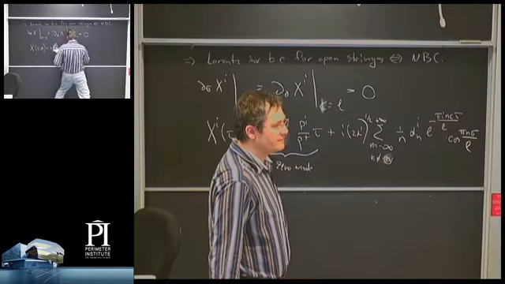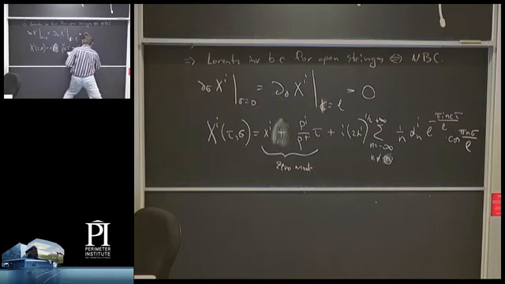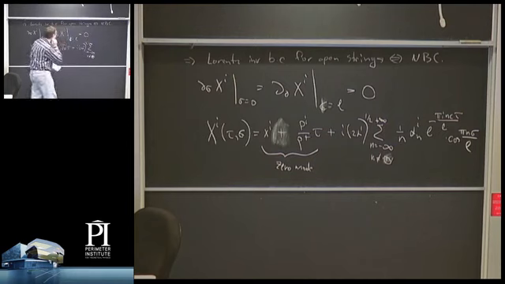And then I have plus i alpha prime, okay, and an infinite sum, n equals minus infinity to plus infinity, n is not equal to 0. So what I did, I actually isolated the 0 mode. So this is the 0 mode, right?